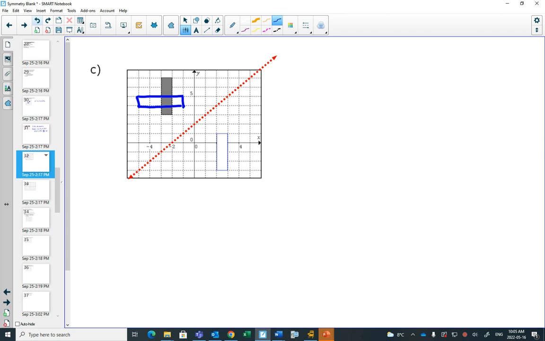So the way to cheat is I take my paper and just turn it until it's flat, because it's easier to flip something over horizontally than diagonally. So we have to erase this, and we have to say that this one has no line symmetry.